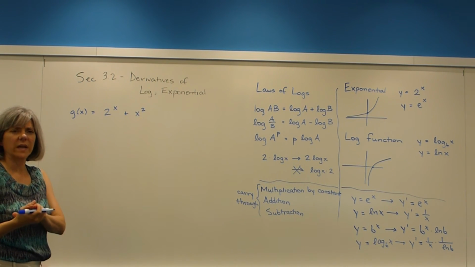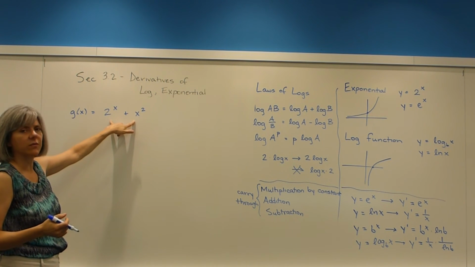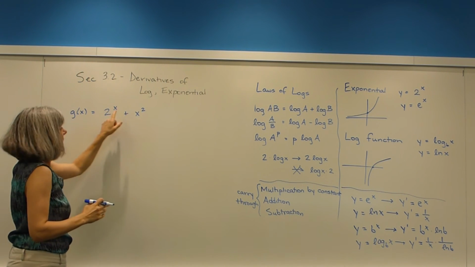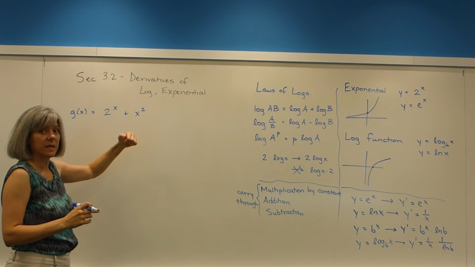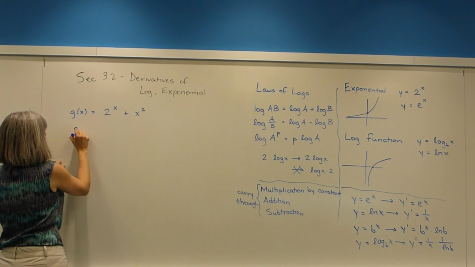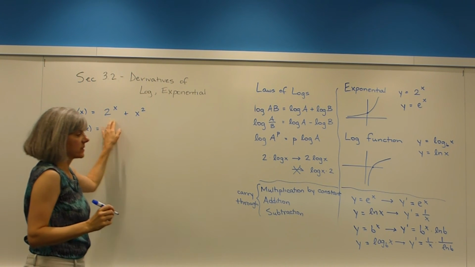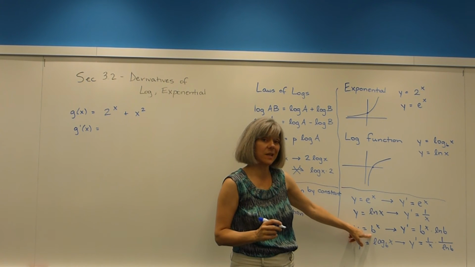E to the x people recognize very quickly as an exponential, but sometimes these throw people because one's an exponential and one's a power. The exponential has the variable in the exponent, and then the power has it as the base. So if we're going to find the derivative of this, 2 to the x, that falls in this category. It's an exponential, but the base is not e.